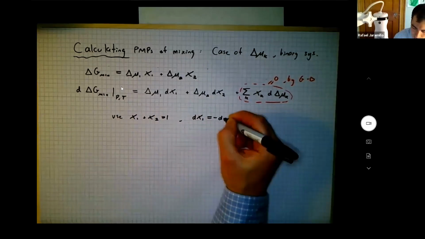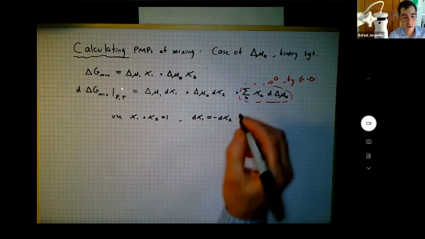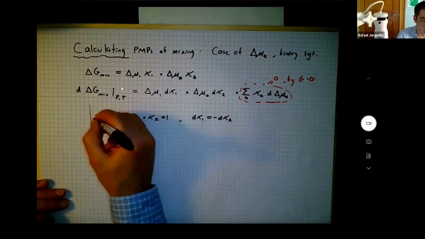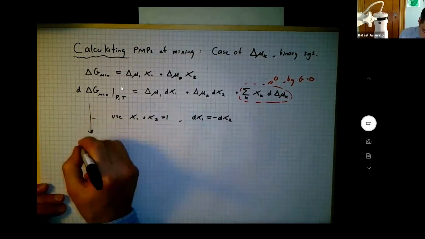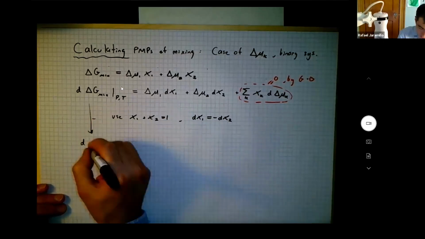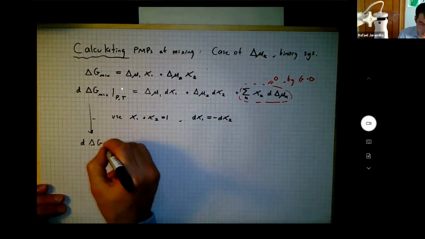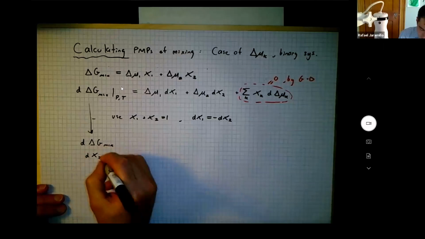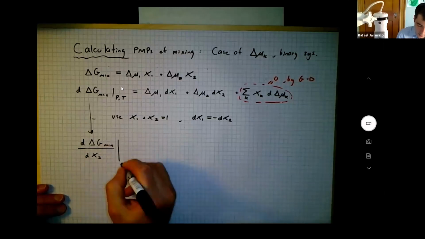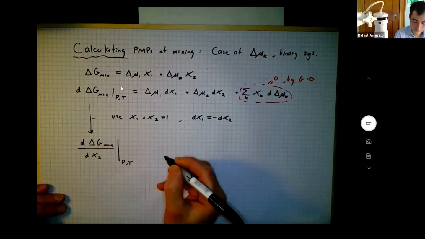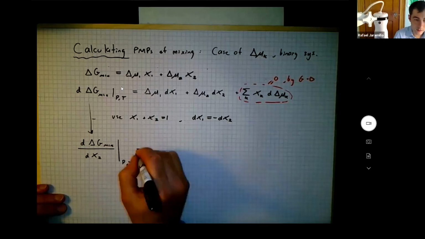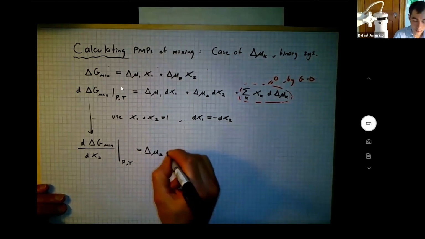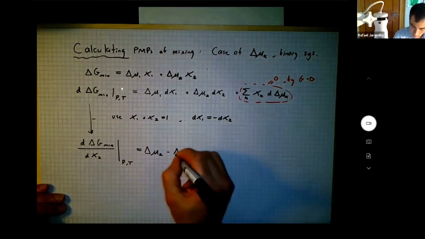It's a binary system, so there's only one composition variable. And I get the following: d delta G mix dx2, with x2 as my independent variable at fixed pressure and temperature, equals delta mu of 2 minus delta mu of 1.